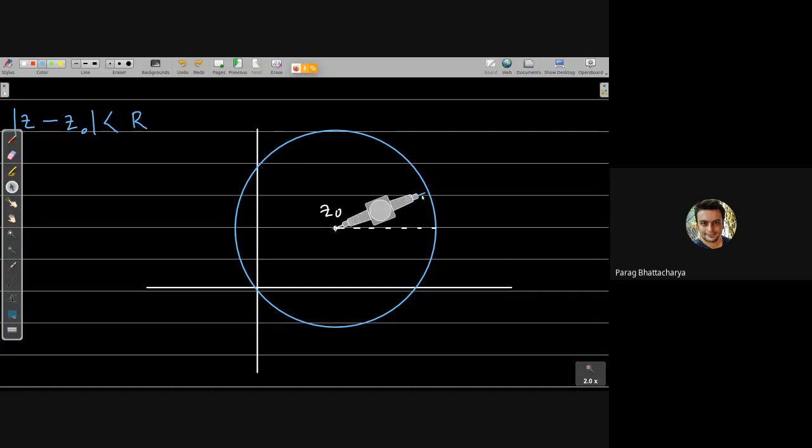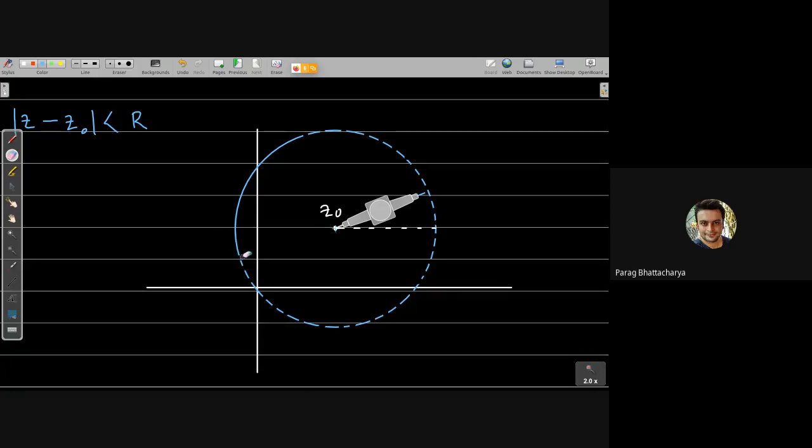That means we are not interested in the circumference of the circle anymore. Whereas if it was equal to r, then we were interested in the circumference. But now we are interested in the points which lie completely inside this.